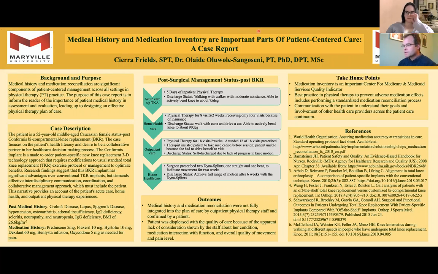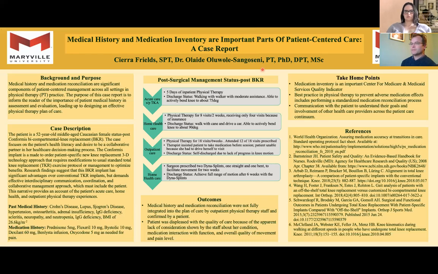So the first question is, what kind of medication would a patient be asked to take right before a physical therapy session? Typically, this is a pain medication. So in this patient's case, it was the oxycodone 5 milligram. This typically allows the therapist to work more with the patient, not have the patient in as much pain when working with them.